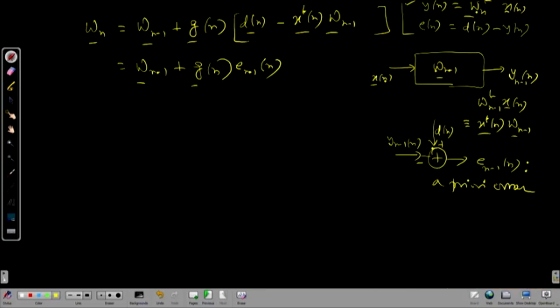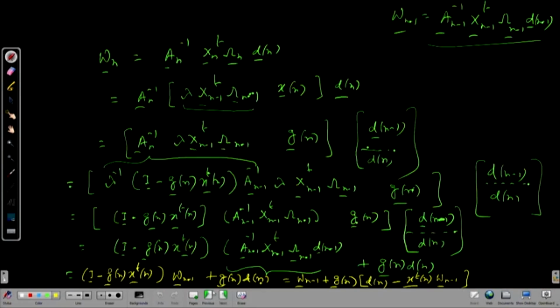Firstly, we have to take care of invertibility. I am assuming that the inverses exist, and not only at the nth clock. I am assuming A n inverse exists, but I am also assuming A n minus 1 inverse exists. But if I go back, when small n is less than capital N, as we have seen earlier, it is not invertible.